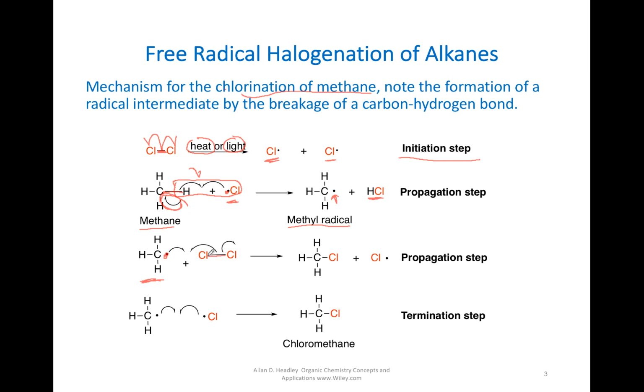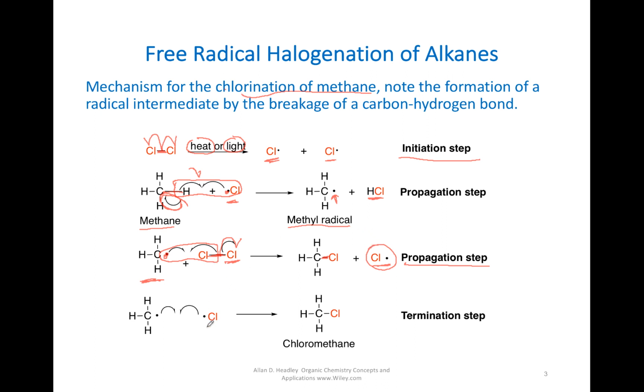Here is a single covalent bond with 2 electrons. If we can get 1 electron from that bond and with this other electron from the methyl radical, we can form here a new covalent bond, and the other electron goes onto the chlorine to form chlorine radical. As you can imagine, that step is called a propagation step because radicals are generated. In this case, it is the chlorine radical.